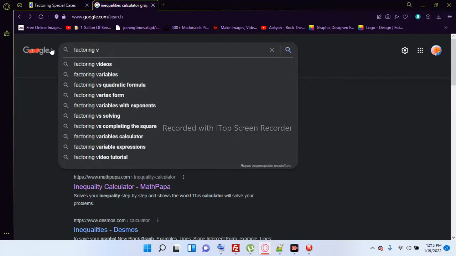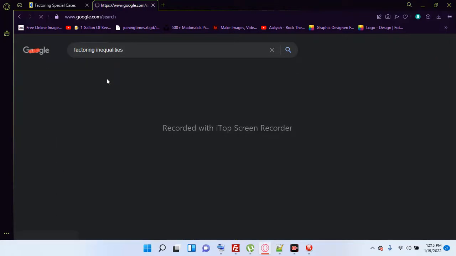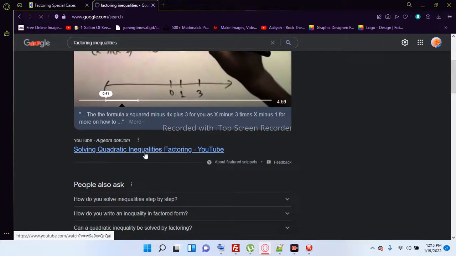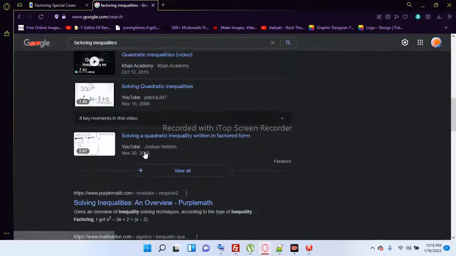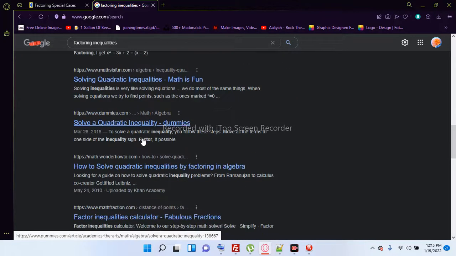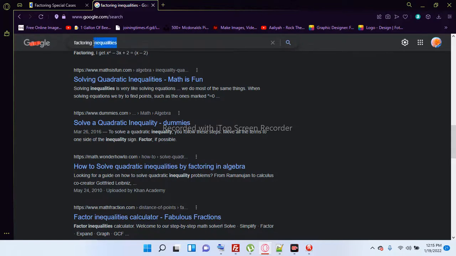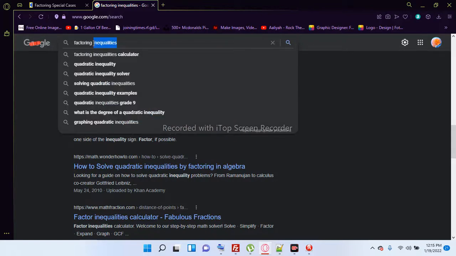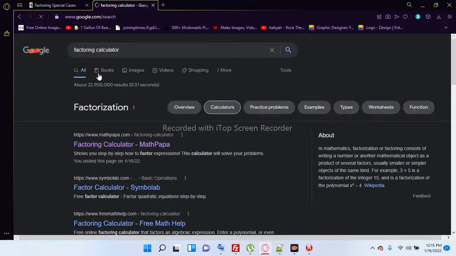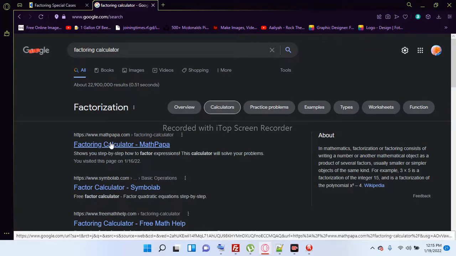This is what I had a problem with, and I couldn't figure it out. Factoring calculator. Here we go.